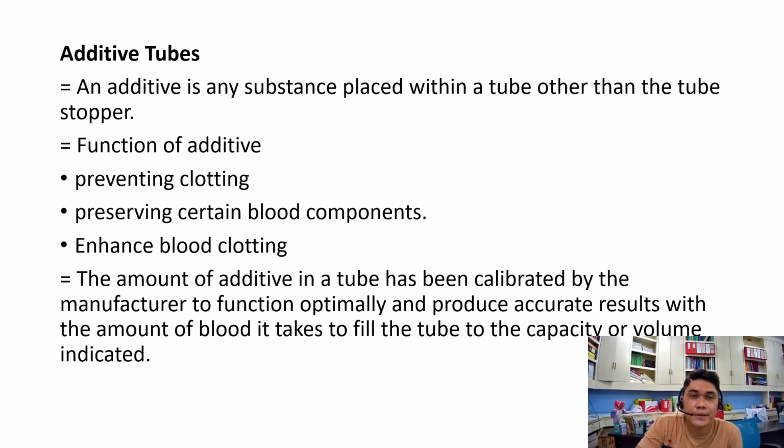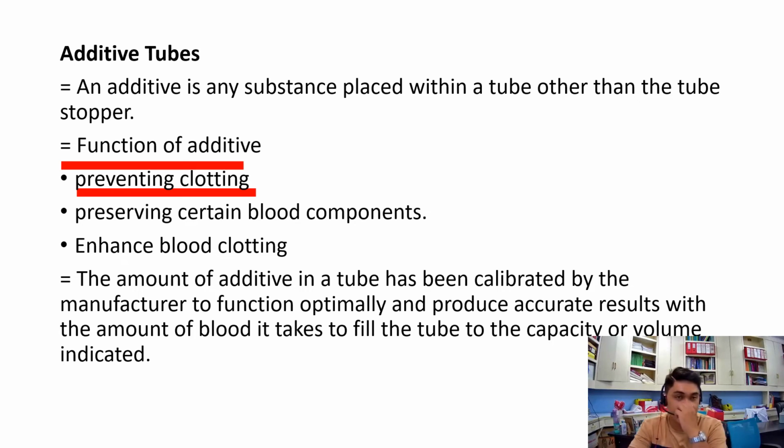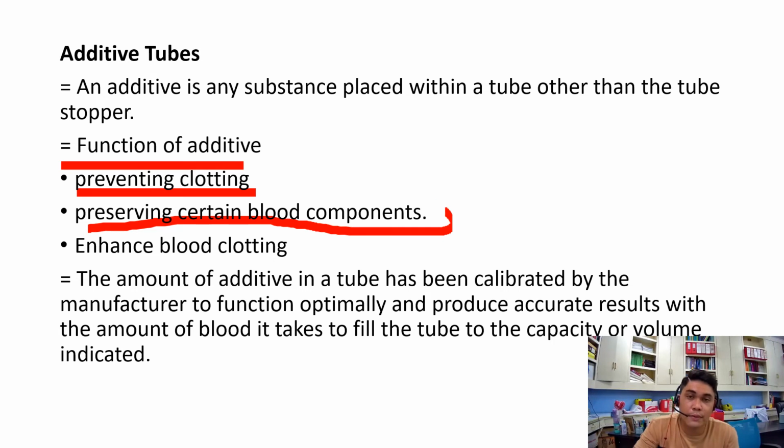Then next you have additives. An additive is any substance placed within a tube other than the tube stopper. The function of anticoagulants is to prevent clotting. Other additives preserve certain blood components, like sodium fluoride as an antiglycolytic agent, so it prevents glycolysis.